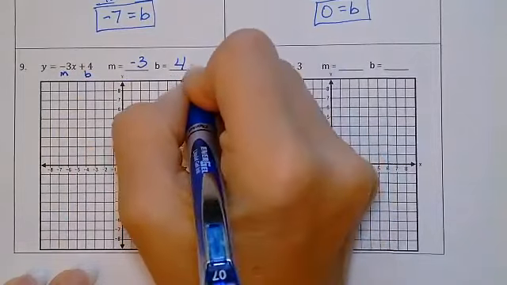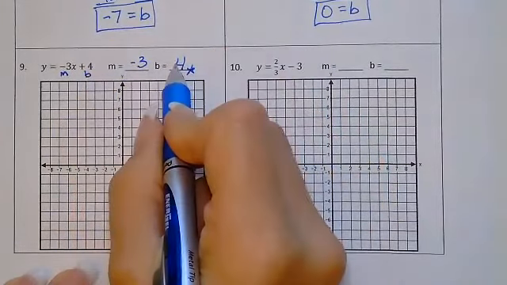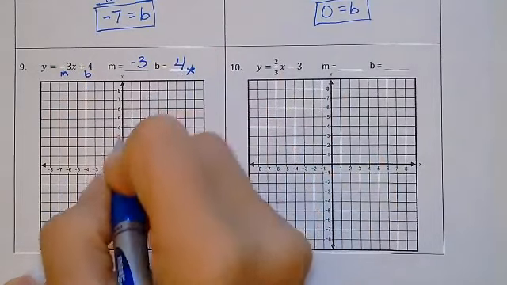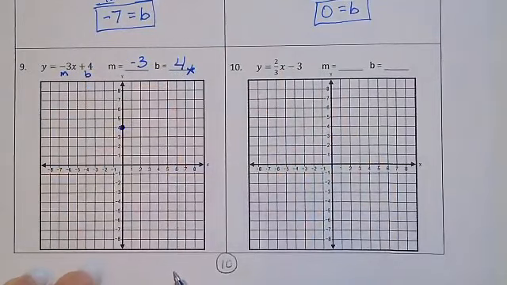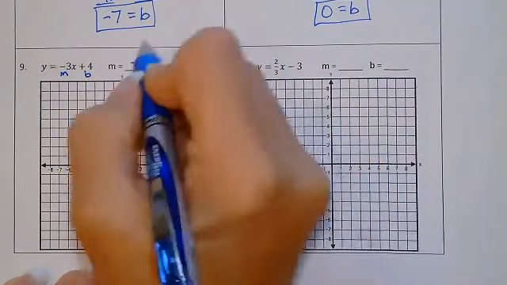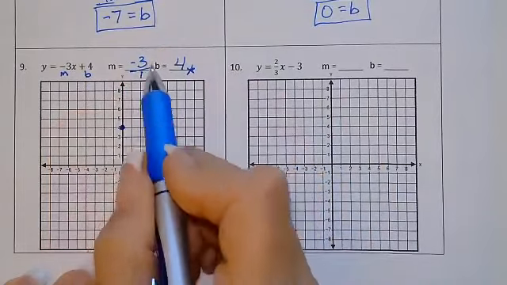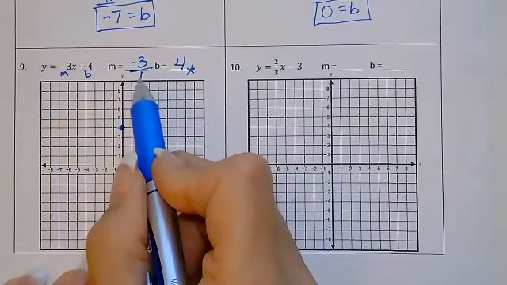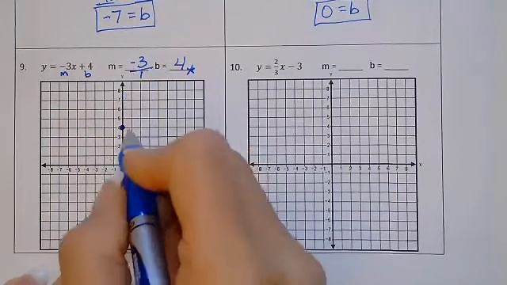Remember, you always start at the b. You start with b. So I'm going to find 4 on my y-intercept or axis. My slope is -3, so I'm going to put that over 1. So this is rise over run. So instead of rising, I'm actually going to sink because it's negative.